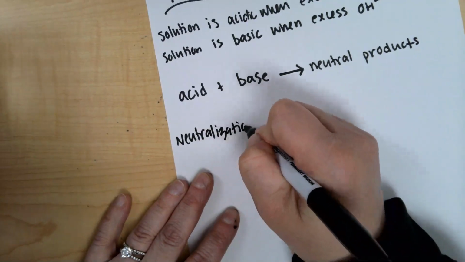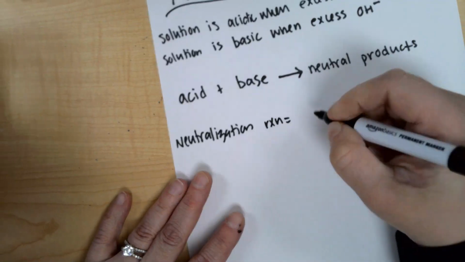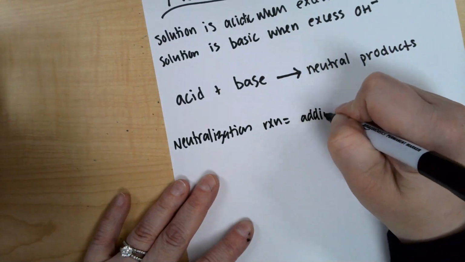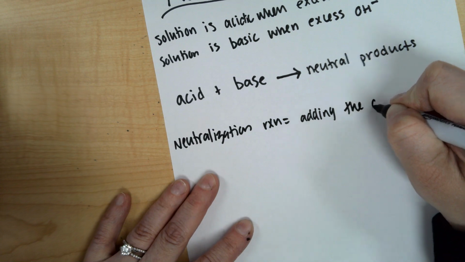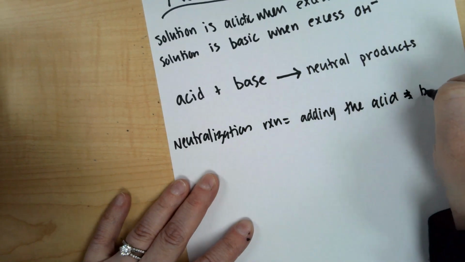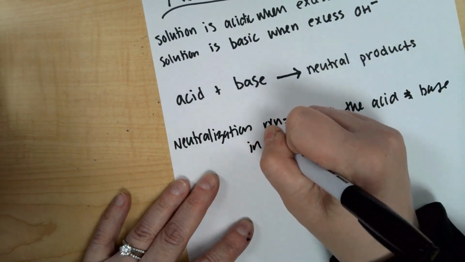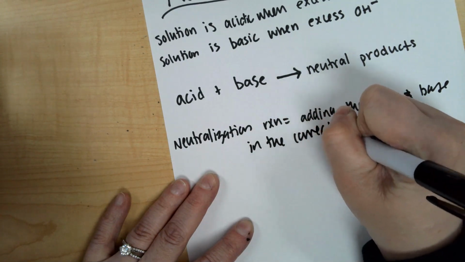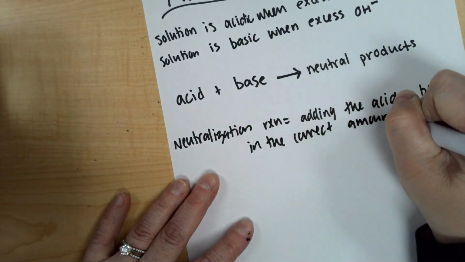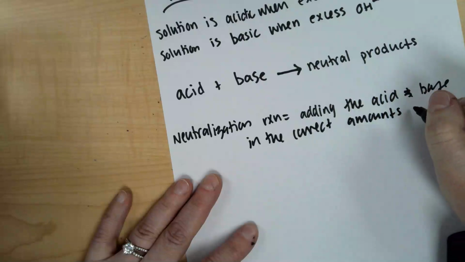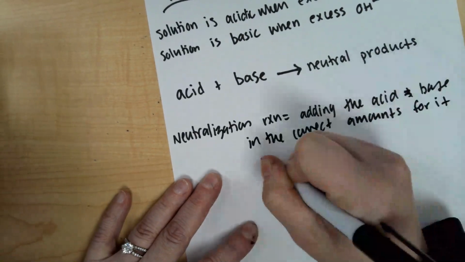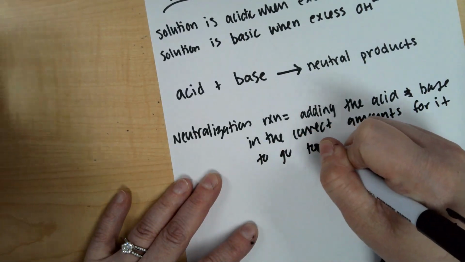Neutralization reaction just means that you're adding the acid and base in the correct amounts according to the chemical equation for it to go to completion.